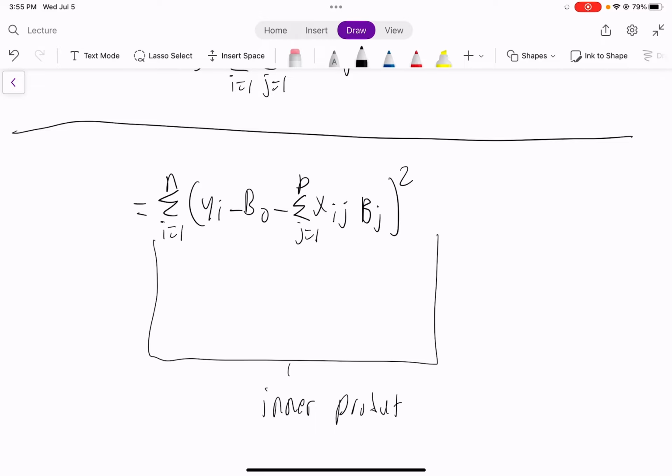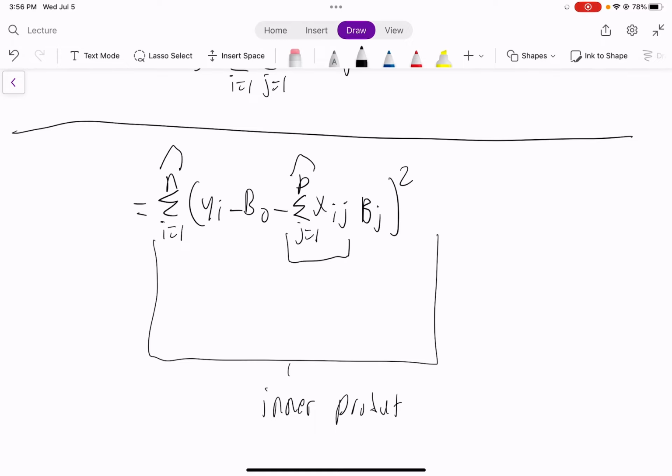Now let's work inside. What do we have on the inside here? Let's work on this x_ij. This x_ij is iterating over two summations, this one and this one. And what do we know about two summations?